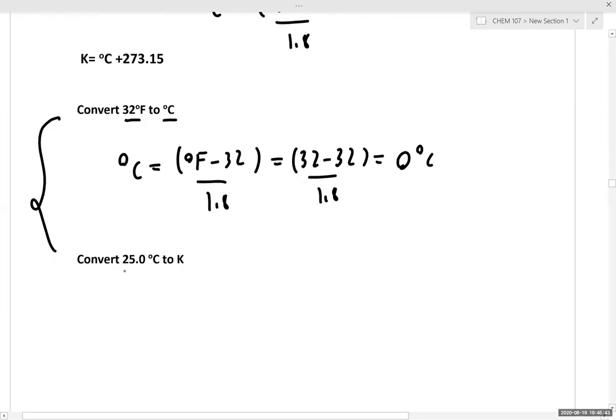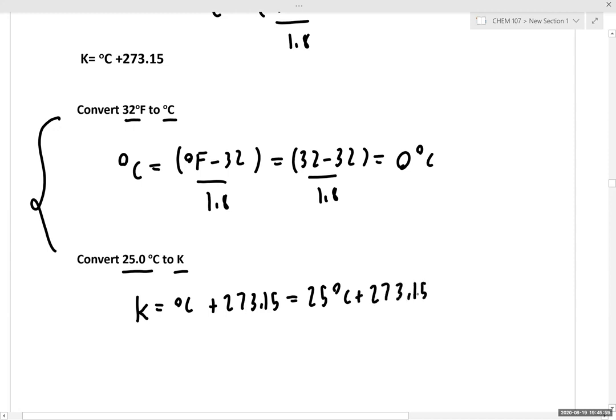We're asked to convert 25 degrees Celsius to Kelvin. We know that kelvins are equal to the degrees Celsius plus 273.15. So that gives us 25 degrees Celsius plus 273.15, so our temperature in Kelvin is equal to 298.15 Kelvin.